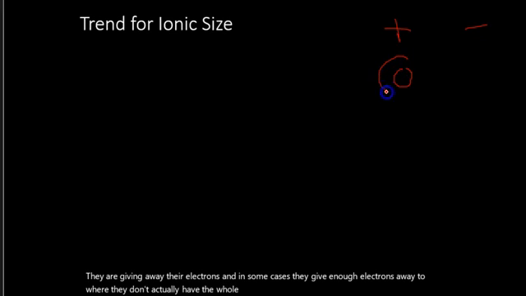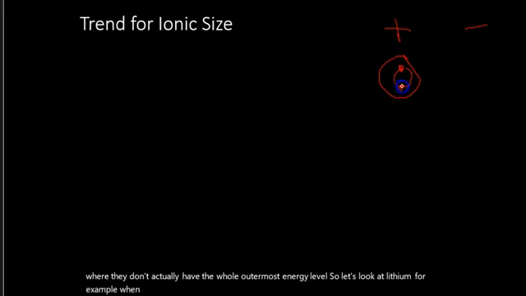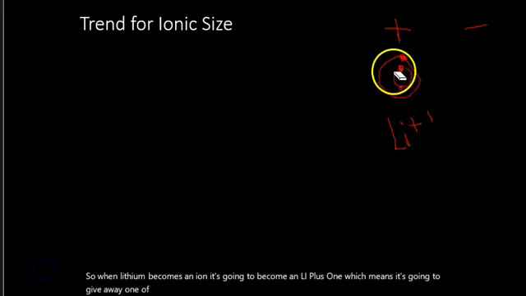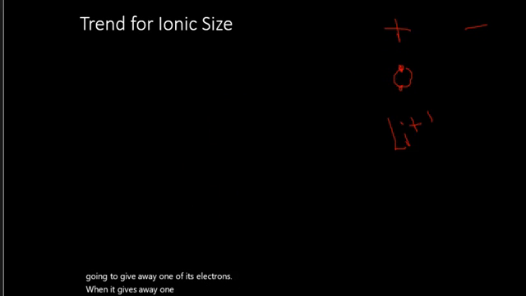So let's look at lithium, for example. Here is lithium as an atom. When lithium becomes an ion, it's going to become Li plus 1, which means it's going to give away one of its electrons. When it gives away one of its electrons, it's going to be smaller than it was when it was an atom.